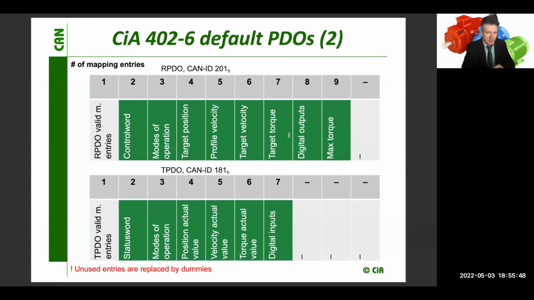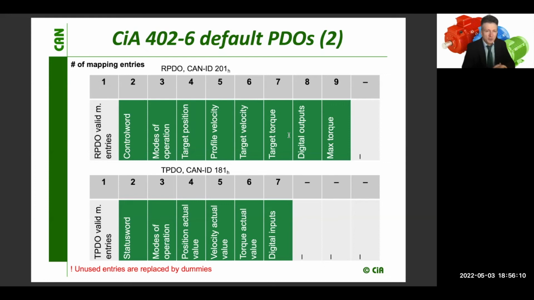CANopen FD PDO mapping was designed in such a way that the very first entry, as you can see here, the numbered entry, indicates which bytes actually carry my data.